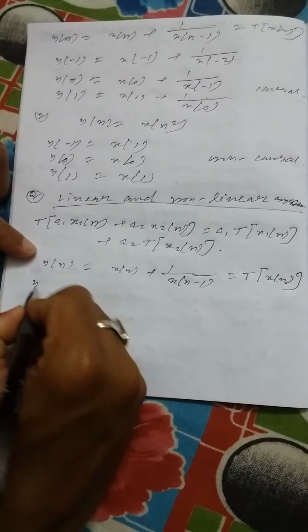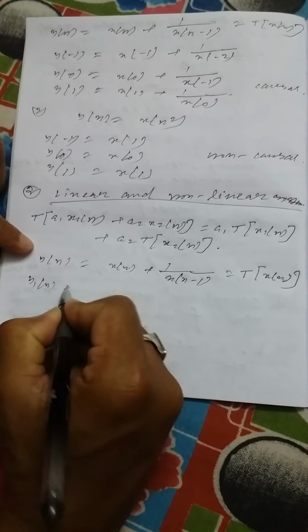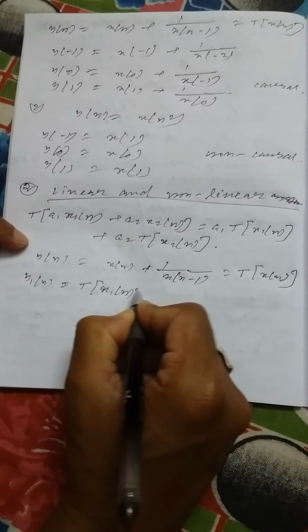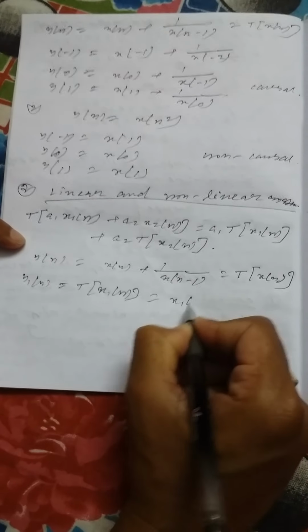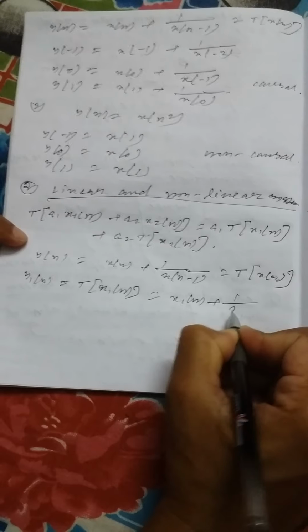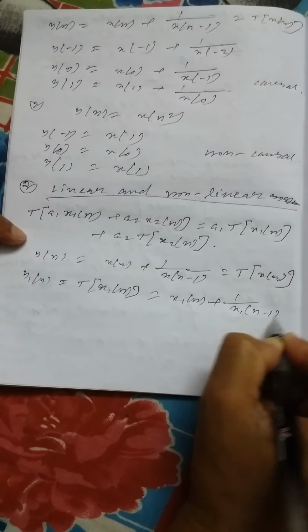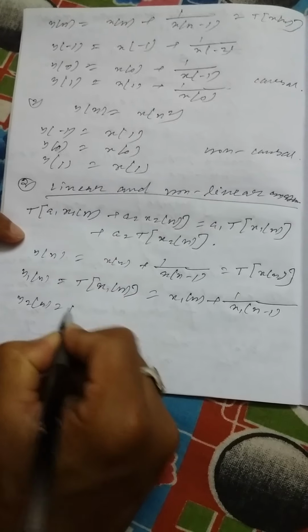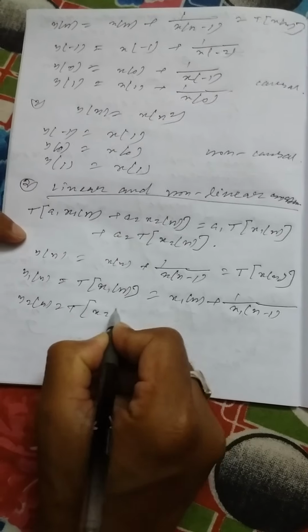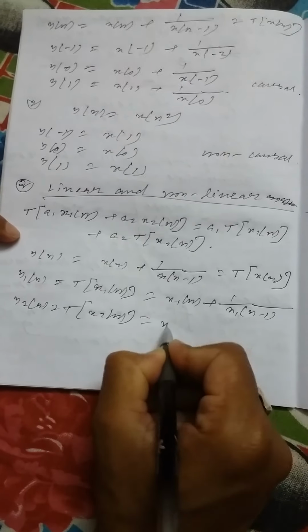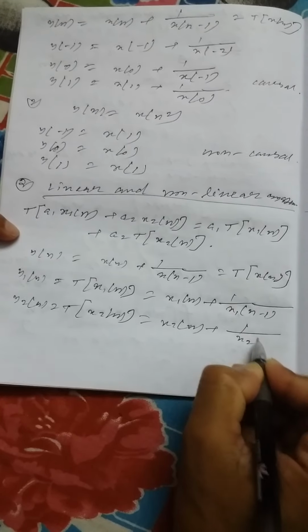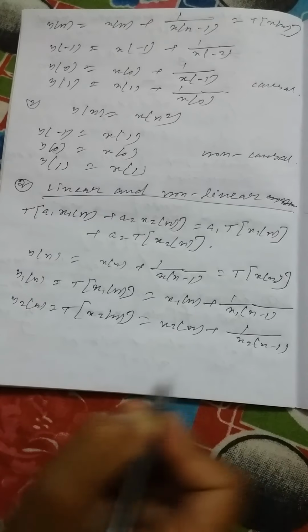Now y1[n] will be transformation of x1[n], equal to x1[n] plus 1 by x1[n minus 1]. Again, y2[n] will be equal to transformation of x2[n], so that will be equal to x2[n] plus 1 by x2[n minus 1], right?